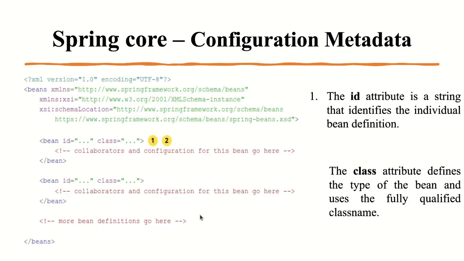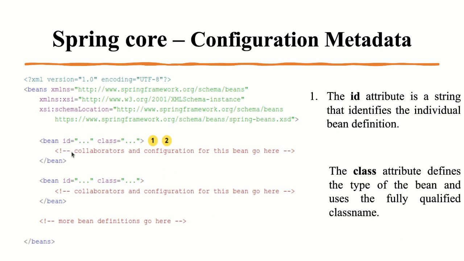We will see the XML configuration metadata. As we have seen in the previous slide, the basic parent tag being used is called beans. Inside this beans tag, we specify a bean tag with two attributes, called id and class.